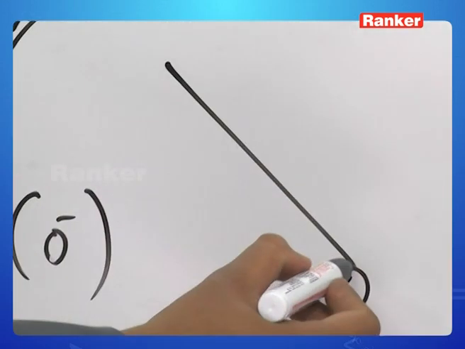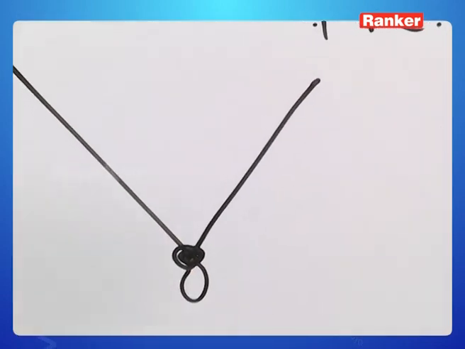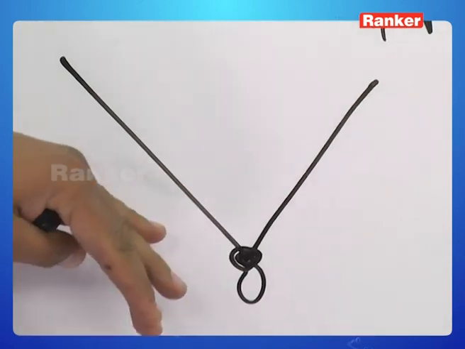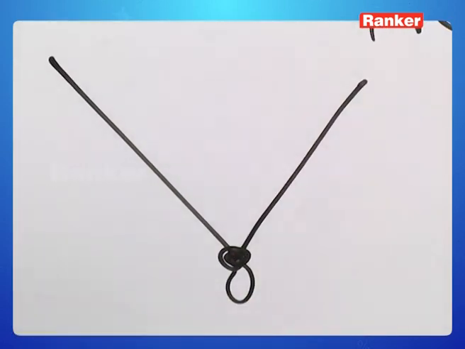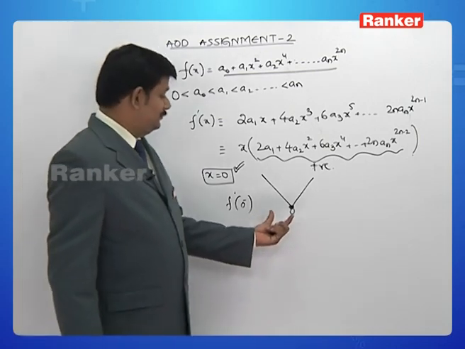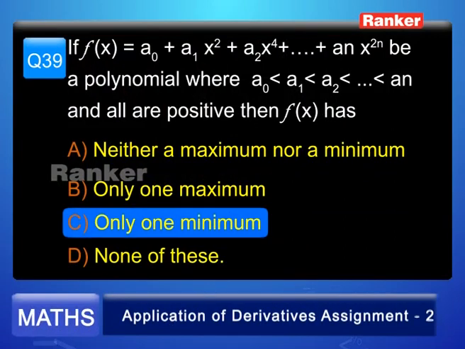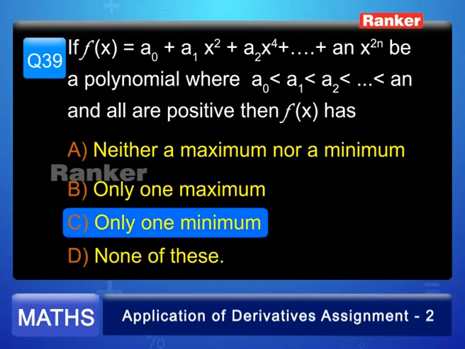So slope of tangent is positive. So we have positive slope tangent to the right, negative slope tangent to the left. This is a point of minima. From first derivative test we can say this is a point of minima. So there is only one point of minimum, which is option C.